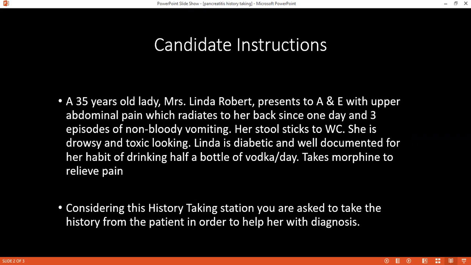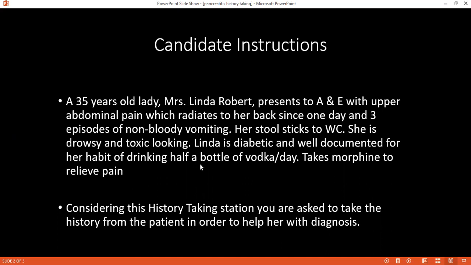Since it did not come from the history, you could not have ruled out that the patient was taking more morphine than prescribed, so the second part of the management could not have taken place. But you didn't even get to the point where you could ask personal questions, such as whether the patient drinks or smokes. Here the patient is alcoholic, which is why the patient has acute pancreatitis.